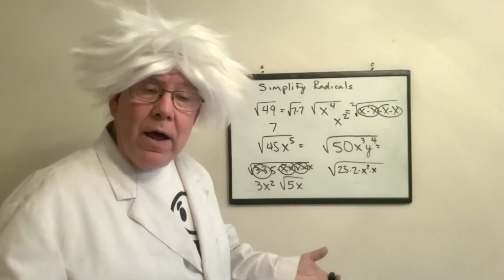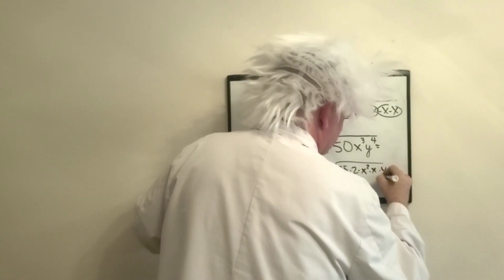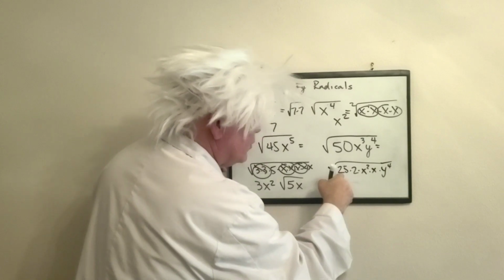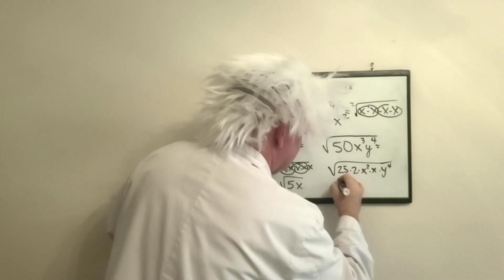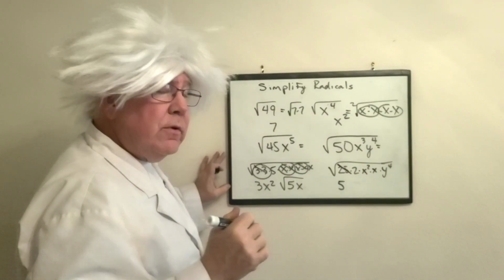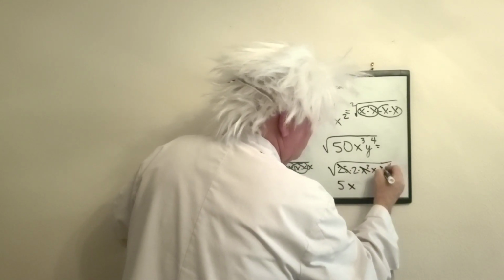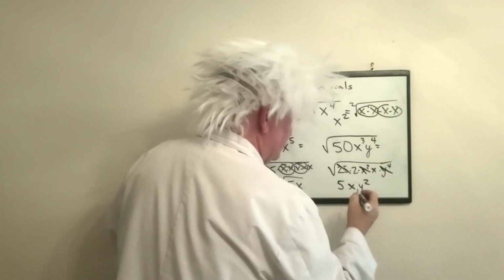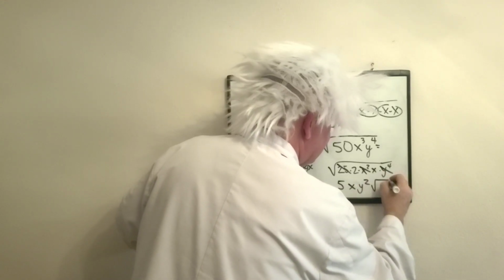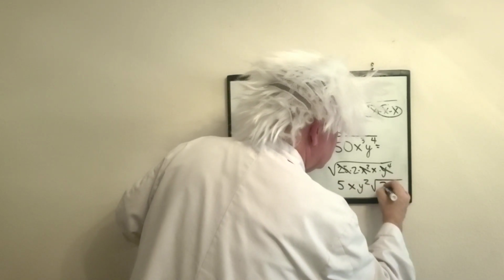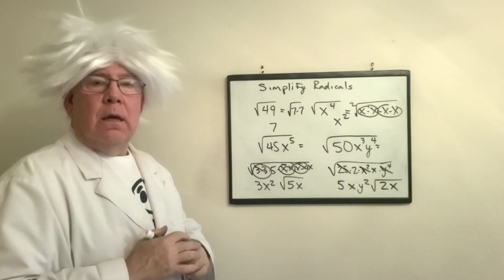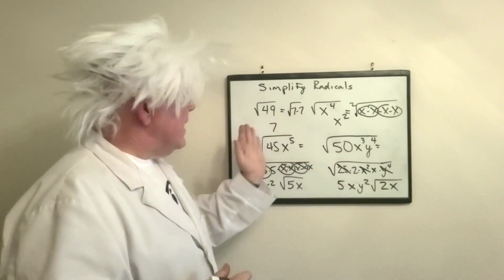And of course, y to the fourth is y to the fourth. Now, watch carefully. The square root of 25 is 5. The square root of x squared is x. And the square root of y to the fourth is y squared. Now, what's left is going to be 2x. Hope that wasn't too fast, but that's basically what we have.